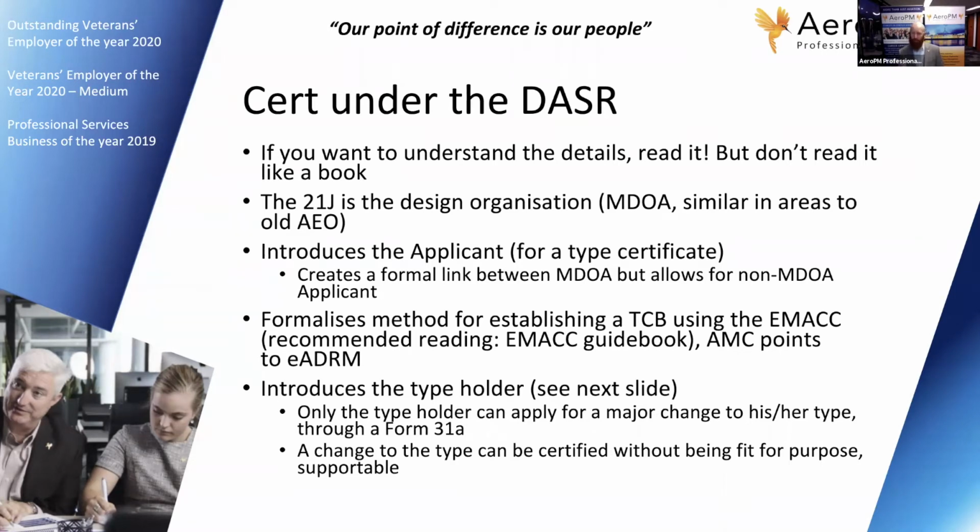There's the EMAC guidebook that goes with the EMAC handbook. It's a good read. It's about, say, 20 pages or so, and explains how to use it, why to use it, how to step through for a given design and select an appropriate set of, let's say, an appropriate benchmark out of your relevant airworthiness code.